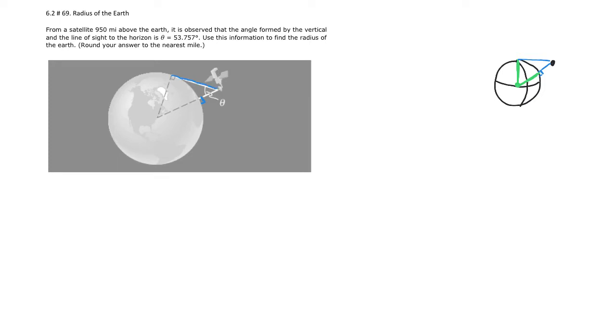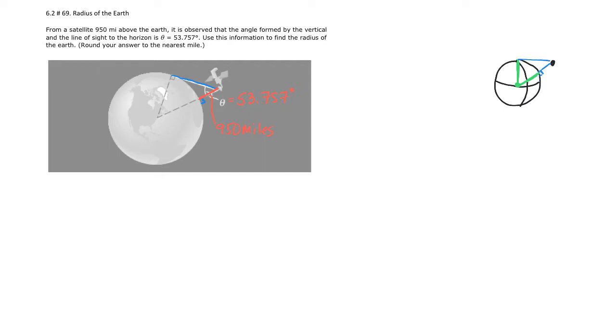That's information we're given, and this angle here is 53.757, and our satellite is 950 miles. So this length right here is 950 miles above the Earth.